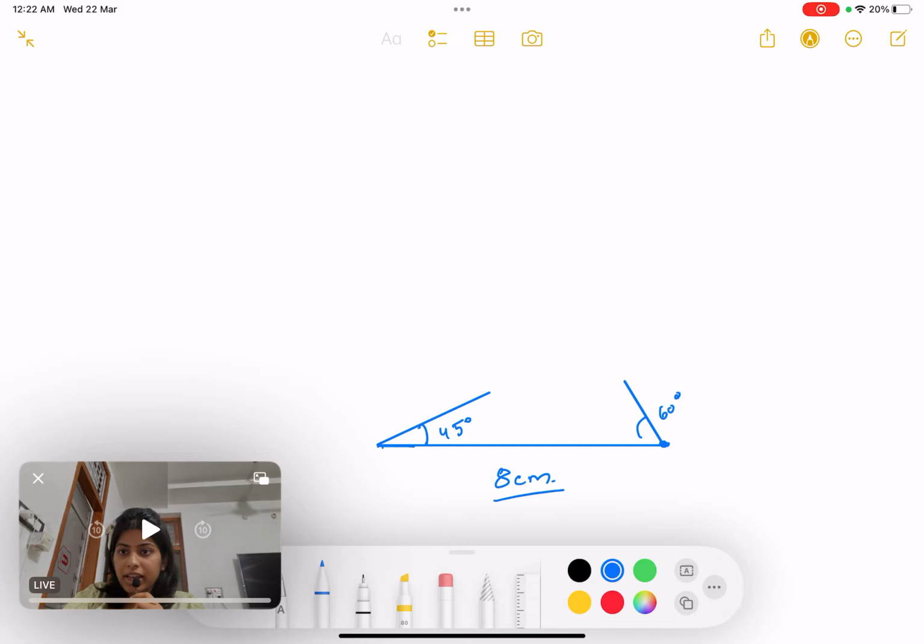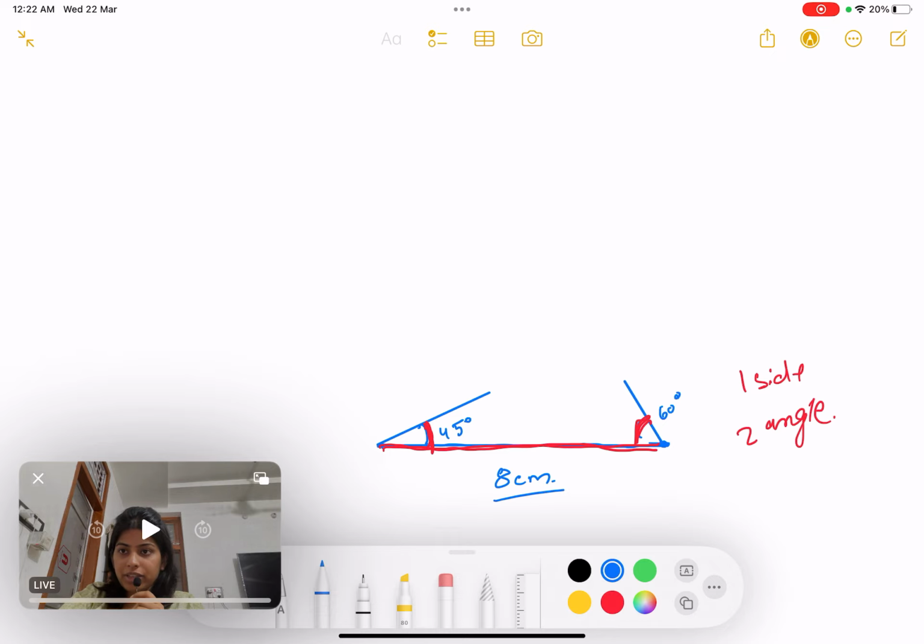Then if it's a triangle, I have decided only three things. The first thing I decided was the length of one side. This length I decided, and I decided these two angles, one as 60 degrees and one as 45 degrees. I decided only three parameters: one side and two angles. The rest is automatically determined.